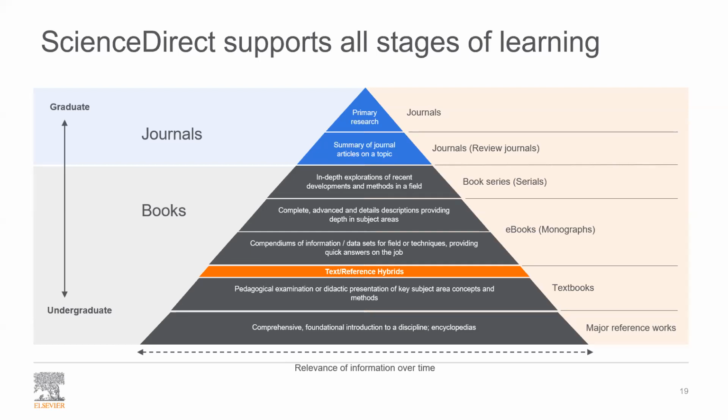Going up and up, you can build up your learning stages, until getting to the advanced part here. The advanced part starts with the review journals or review articles, and then at the top of the pyramid you have the research articles.